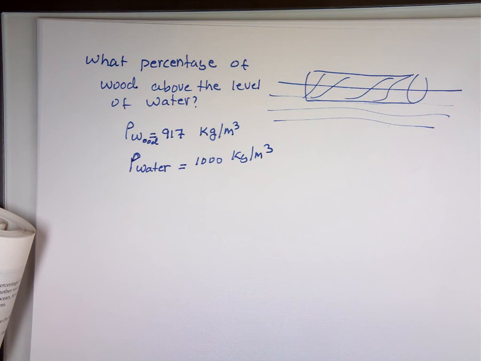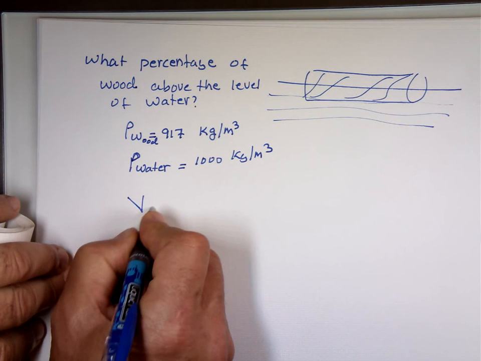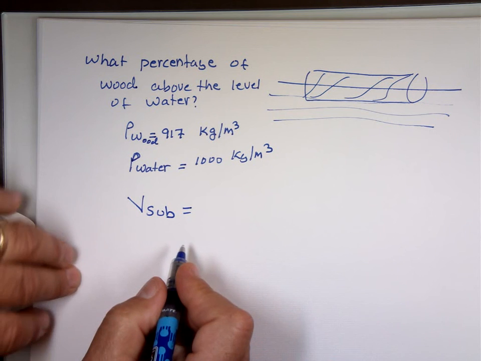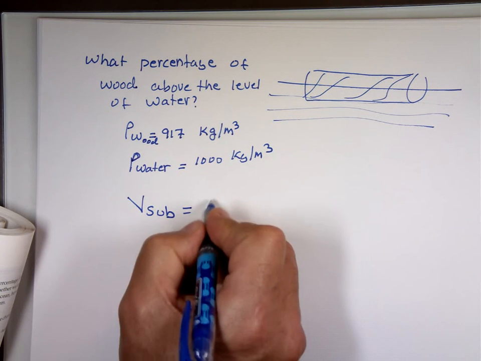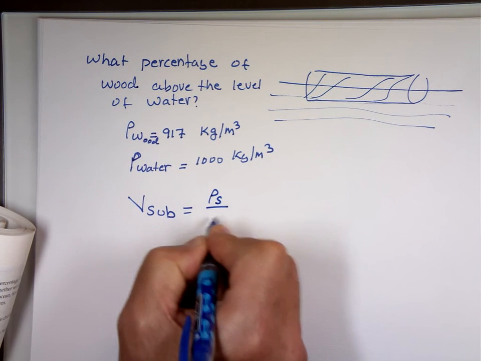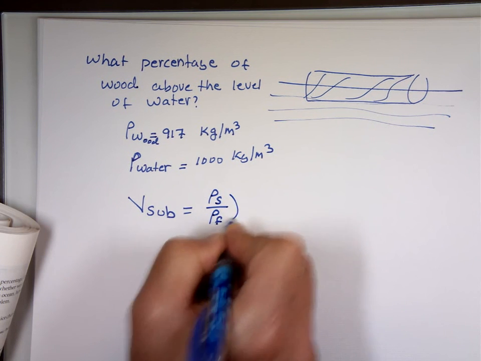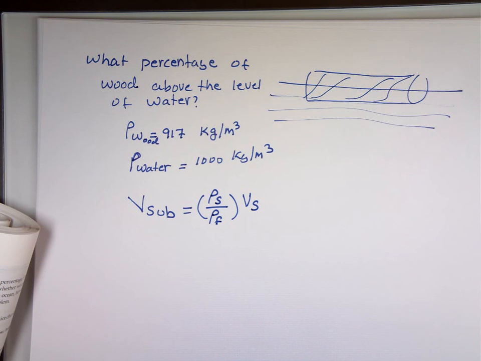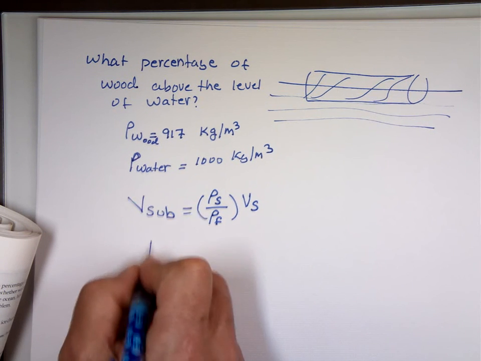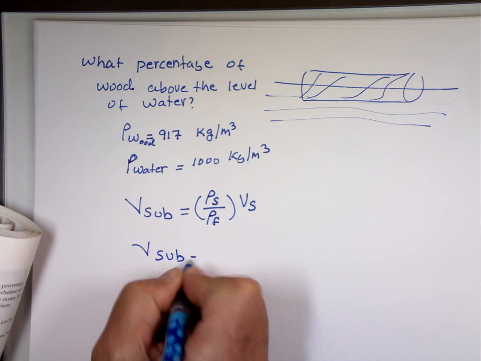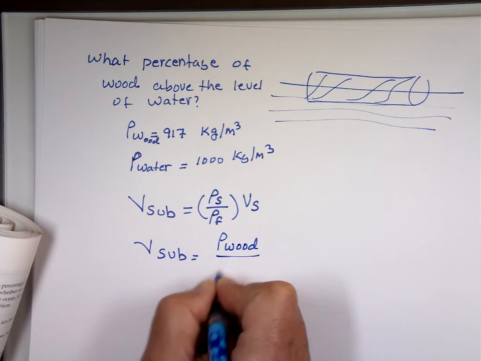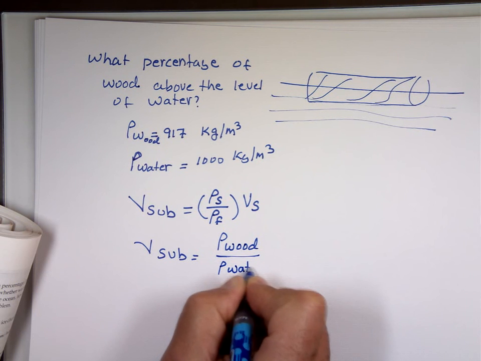The equation I'm going to use: the volume of the submerged, the portion that's going to be in the water, is rho for the solid shape over rho for the fluid times the volume of the solid shape. My solid shape is made out of wood. So rho of the wood, the fluid is rho of the water, times the volume of the solid shape, which is not given to me.